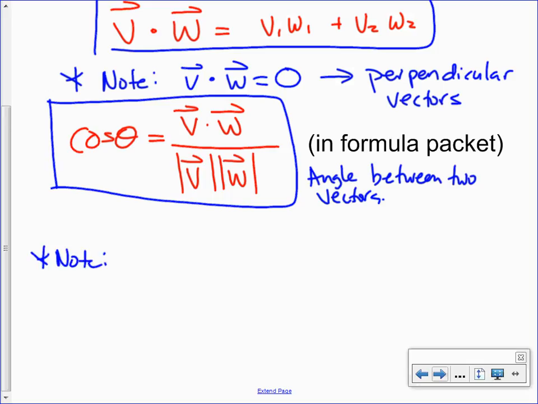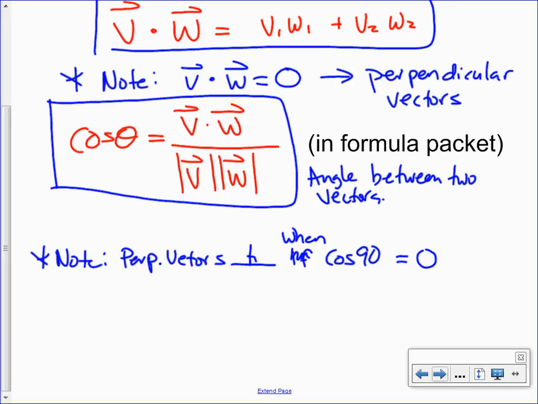Another note. Okay? You will know that the vectors are perpendicular, right? In other words, like this, right? Vectors are perpendicular when the angle is 90 degrees, because the cosine is 0. I should not say if, it should be when.